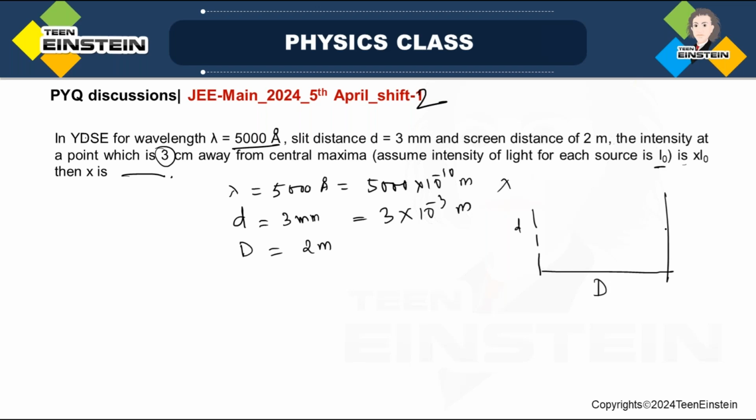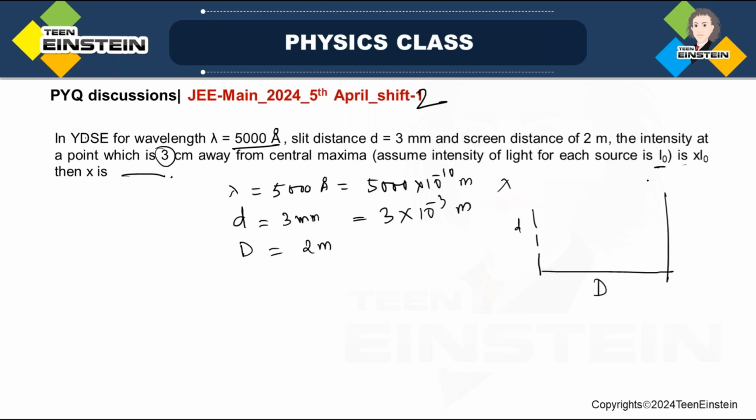Now in case of YDSE, we have the intensity pattern like this. What I'm trying to say is that you have to find out the intensity of the light.